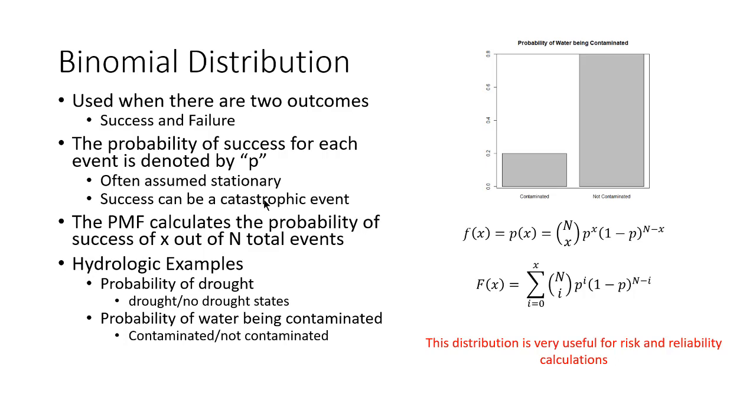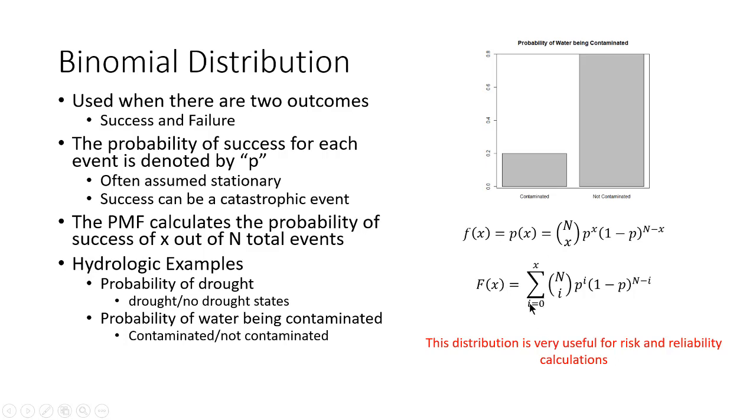So, for example, if the probability of a drought is, say, 5% or 10%, what is the probability that I'll have 3 drought years in a period of 10 years? In a decade, 3 years of the decade are going to be drought, and you can estimate that just using the probability mass function of the binomial distribution.